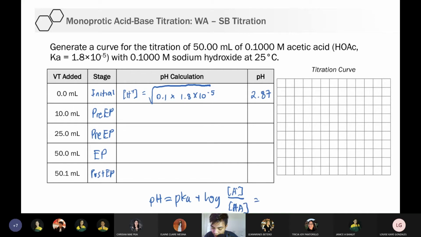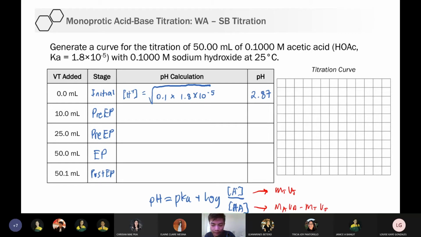And you know that the concentration of the conjugate base is MTVT, and the concentration of HA is MAVA minus MTVT.